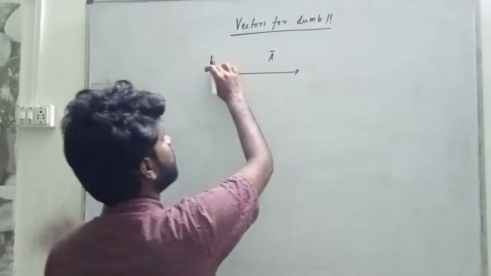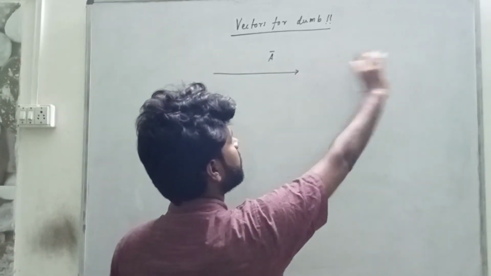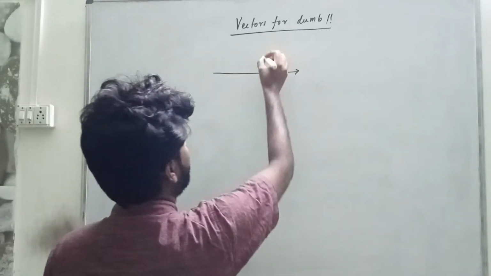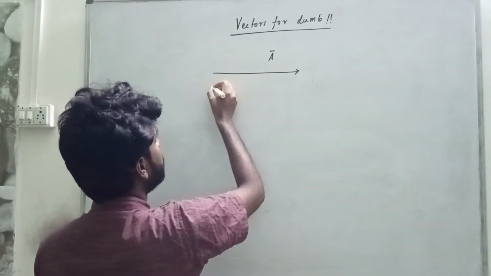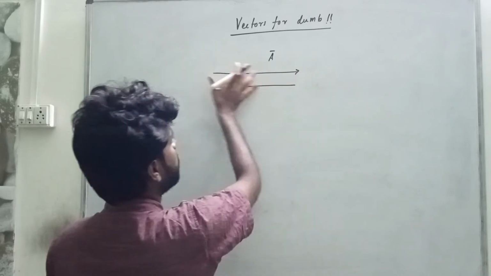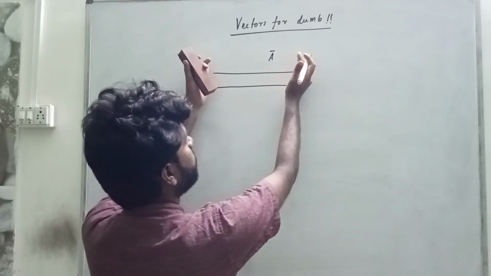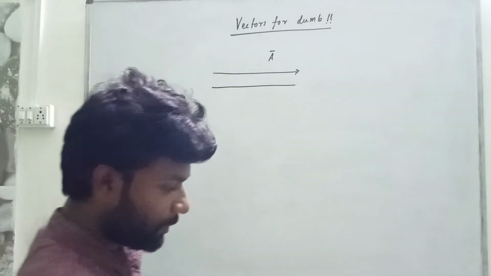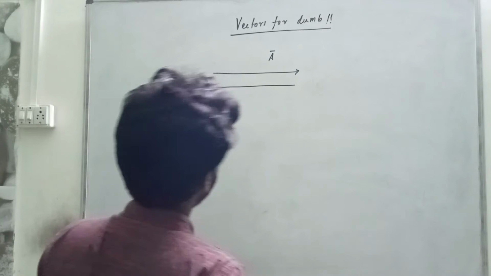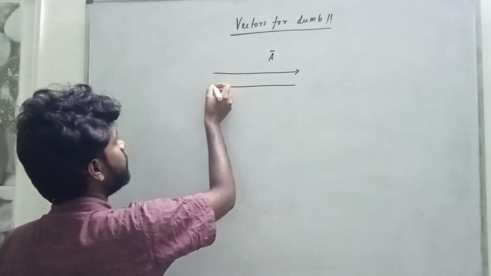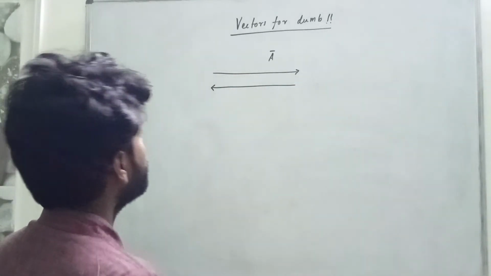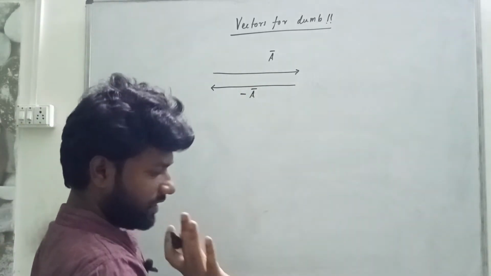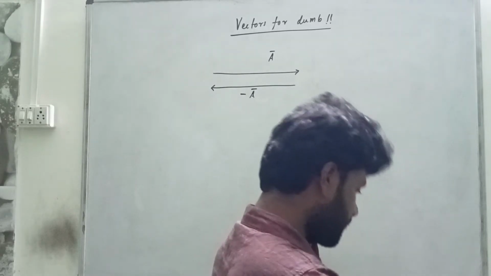If A is directed towards east, the opposite of A has the same length, but is directed towards west. So it is minus A, no problem.